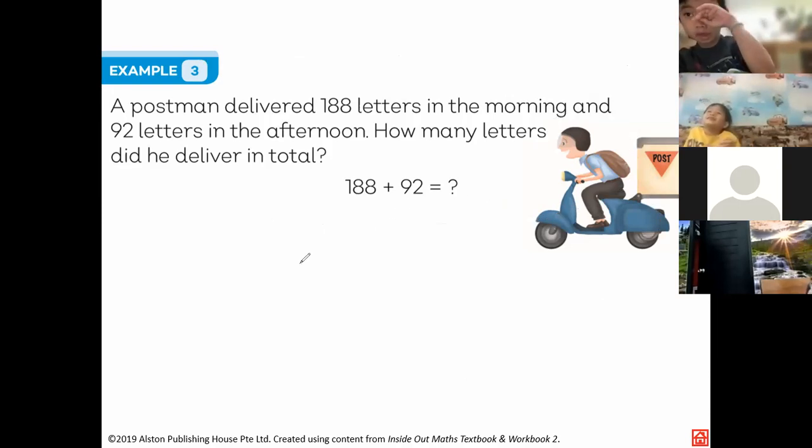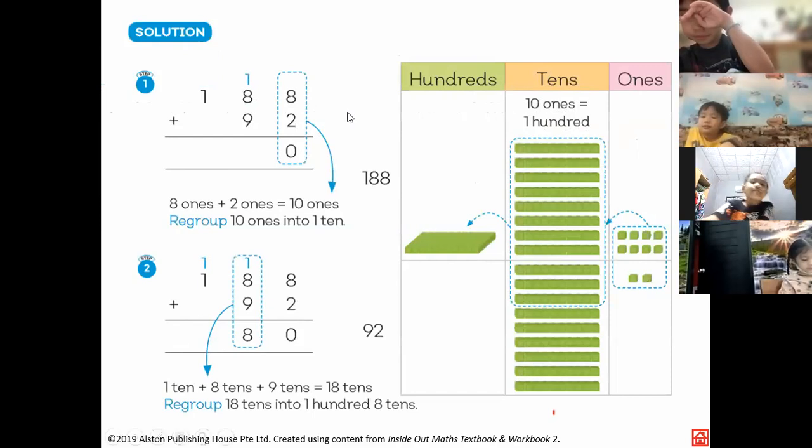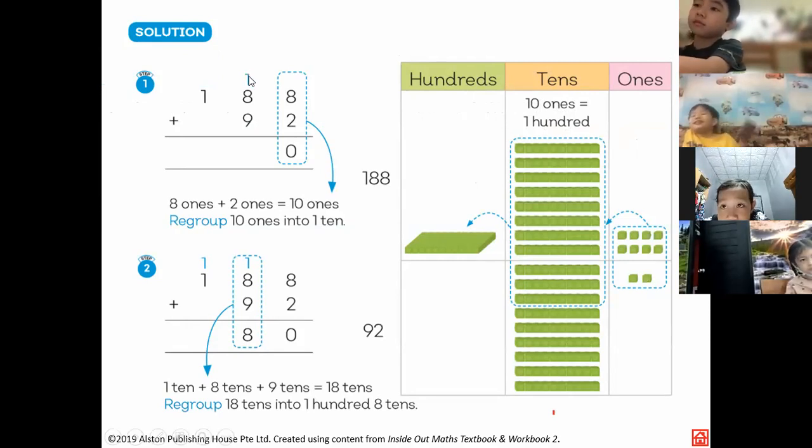So let's see, okay? So we have 188 plus 92. So what's the answer? Let's find out. First step, we will add the numbers in the ones place. So that's 8 plus 2, that's 10. So you have to put 0 here and then carry 1 up here.